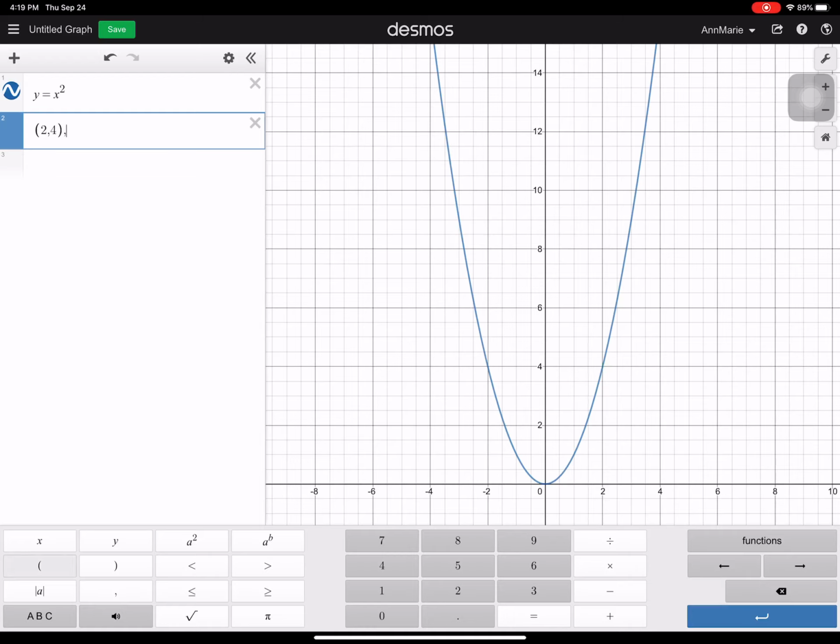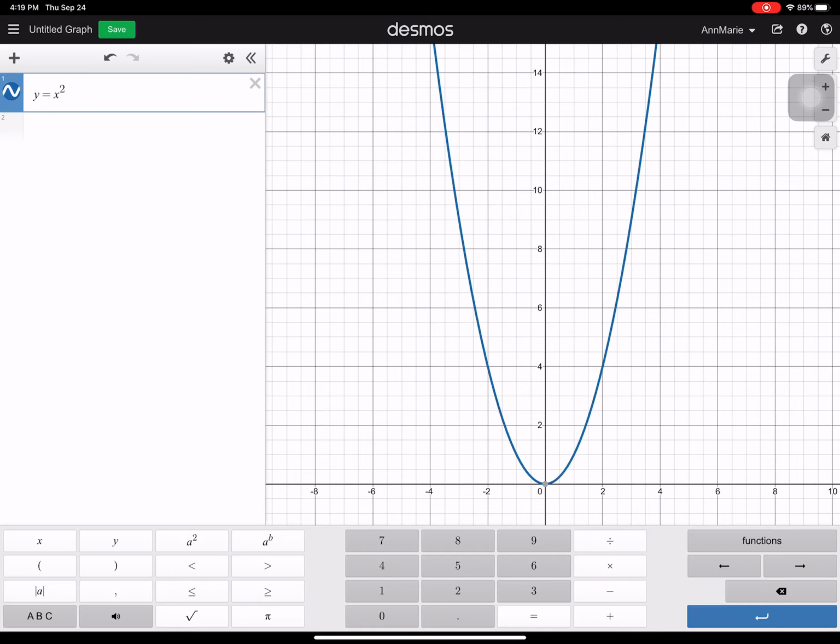It also goes through the point negative 2, 4. And the same could be said of 1, 1 and negative 1, 1, and 3, 9 and negative 3, 9. So this function mirrors itself across the y-axis. So it is symmetrical about the y-axis.